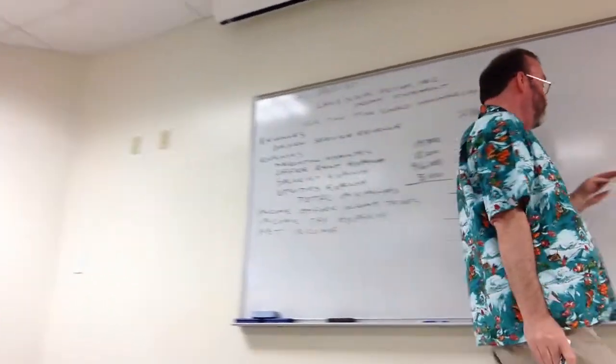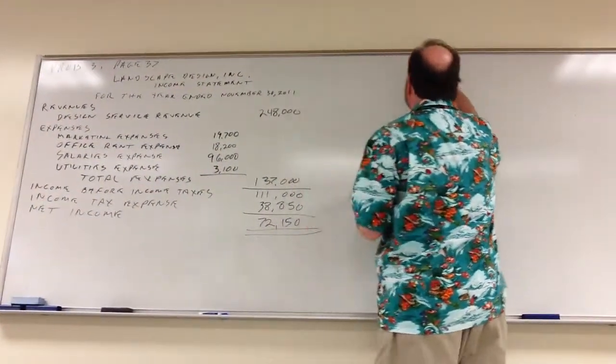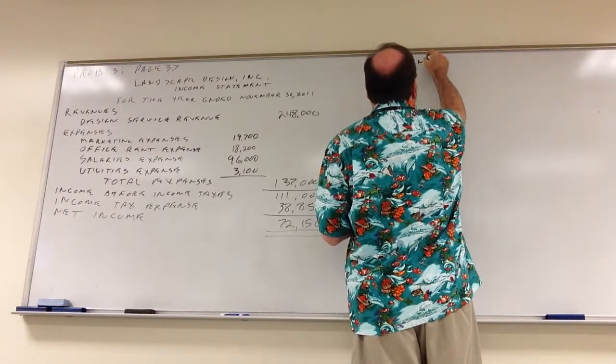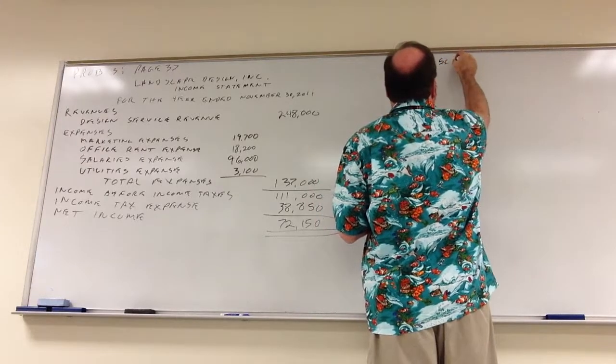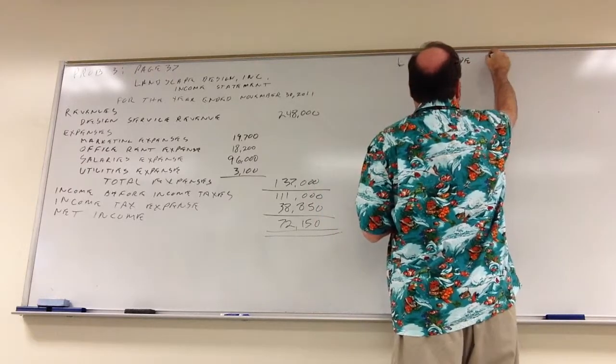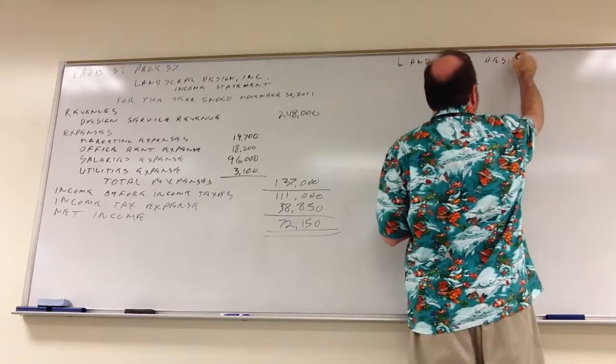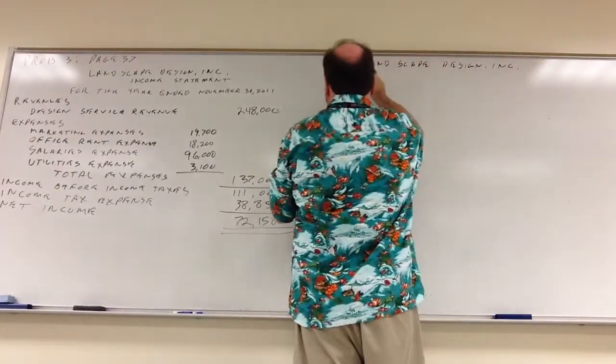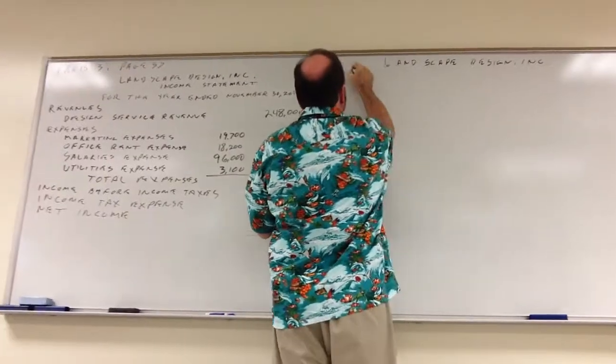So the next one that we're going to do, we do the same three-line header, landscape design. Is the statement of retained earnings.